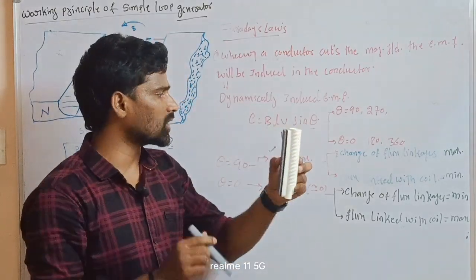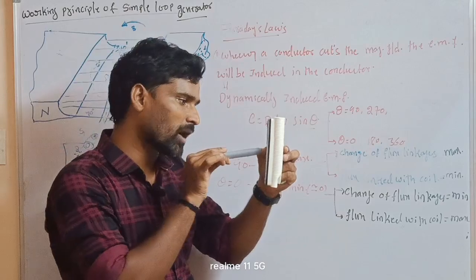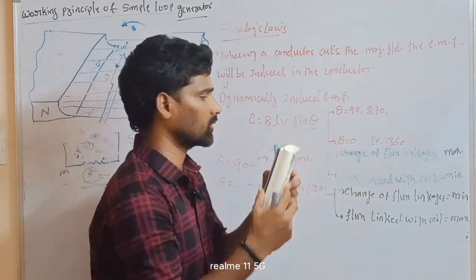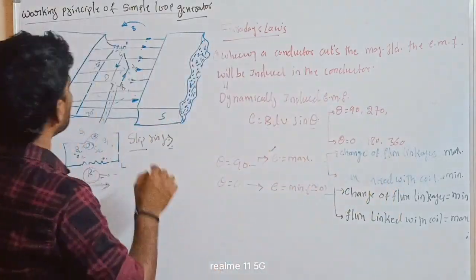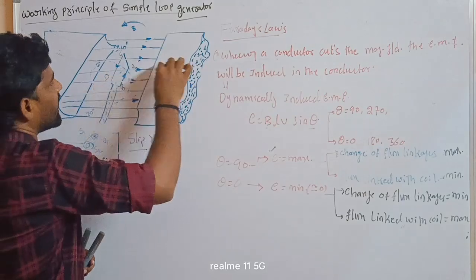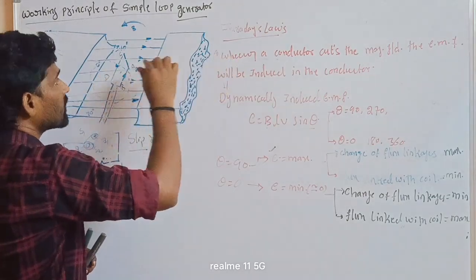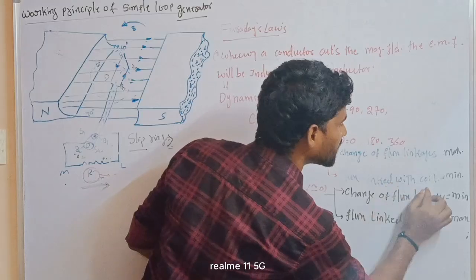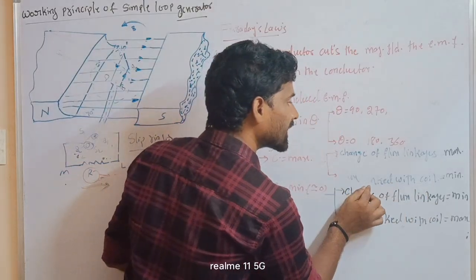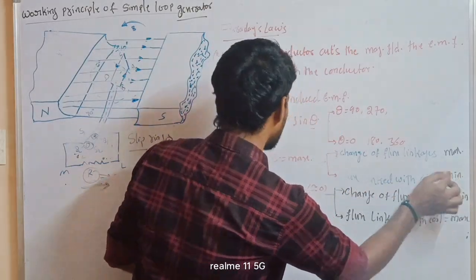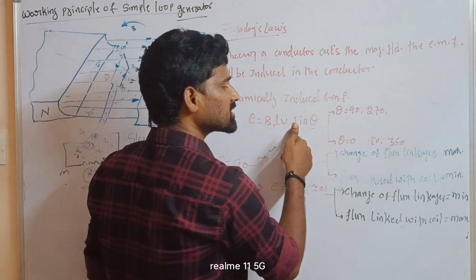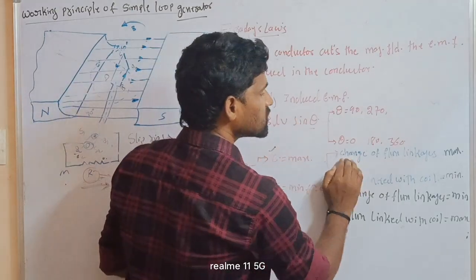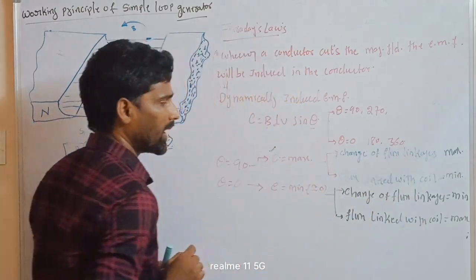When maximum flux is passing through the conductor, that is the flux linked with the coil. When the flux linked with the coil is minimum, the EMF is maximum and the change of flux linkages is maximum.